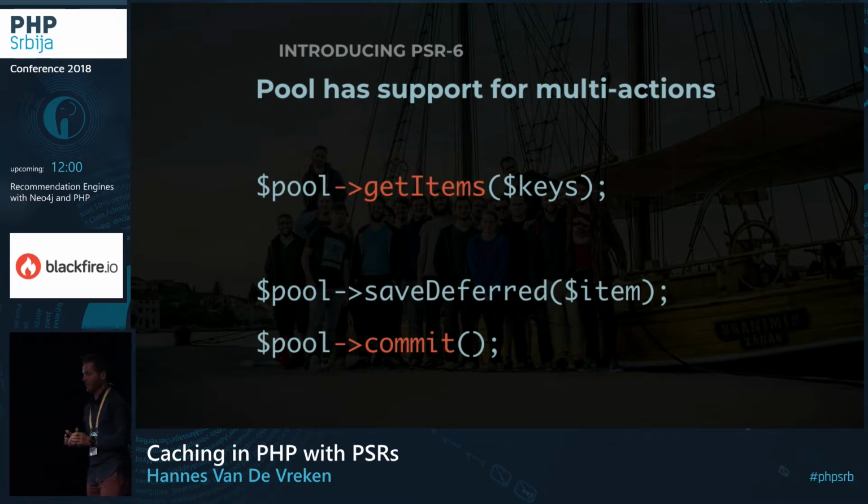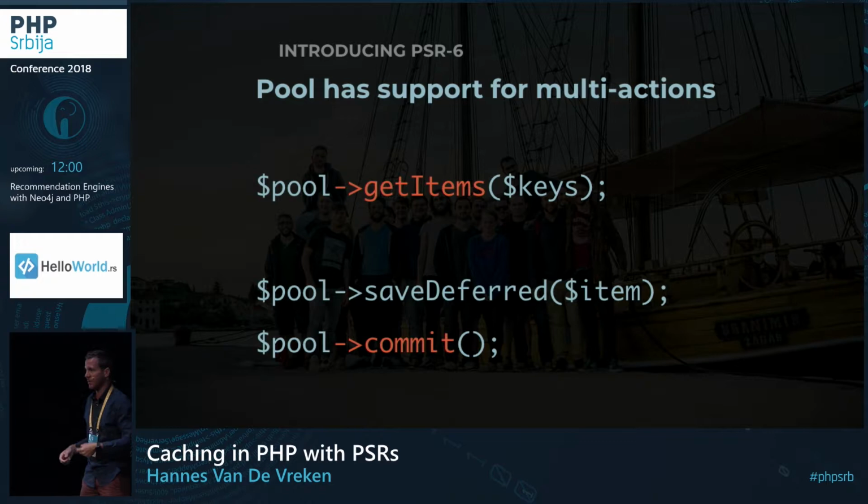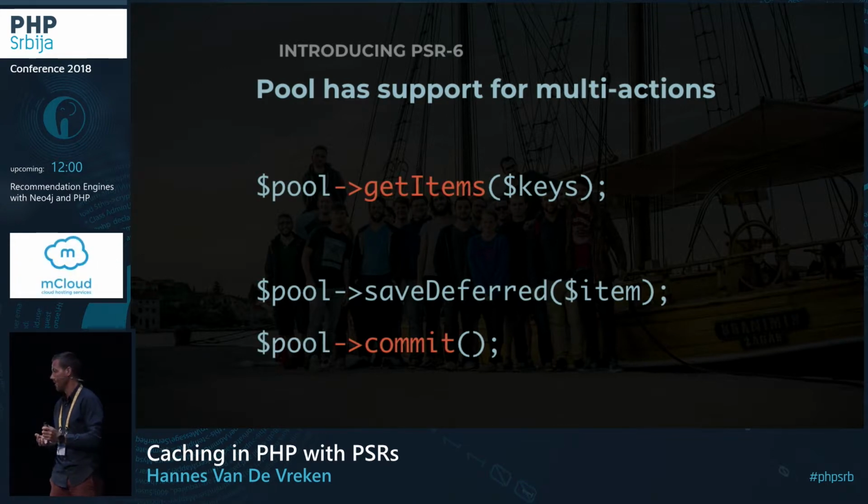The pool also has support for batch operations, so you can get multiple items at the same time. This will return an associative array with the keys. The keys you entered will be the keys of the associative array, and the values of the associative array will be the cache items.